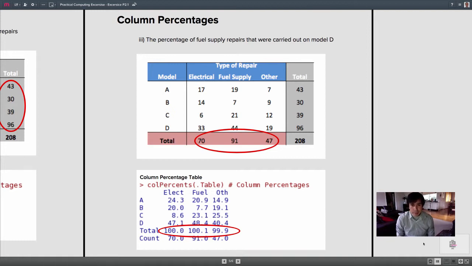Then I locate how many were fuel supply repairs for Model D, which is 44, and to obtain the percentage or proportion, which is the same thing, I divide 44 by 91, multiply by 100 to obtain the result in percentage.